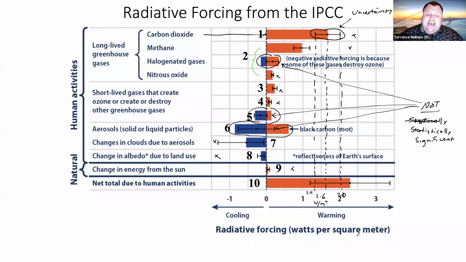Basically, what this means is the net total due to human activities has been warming. When you add all of these individual line items up, the net total due to human activity is warming.